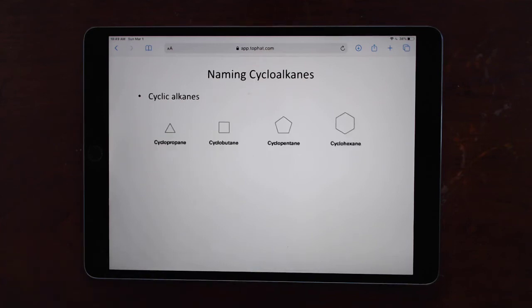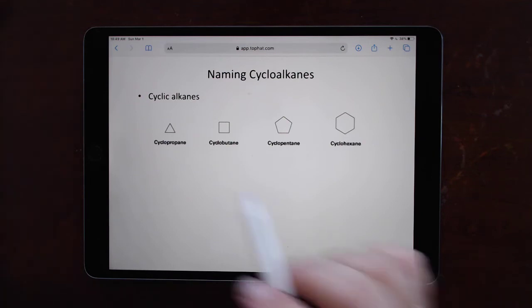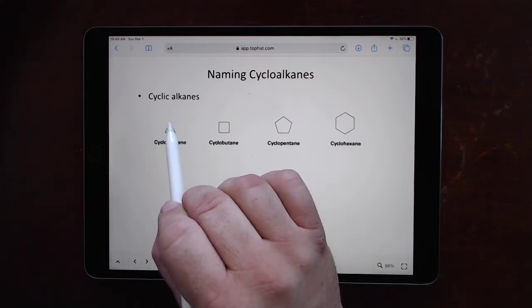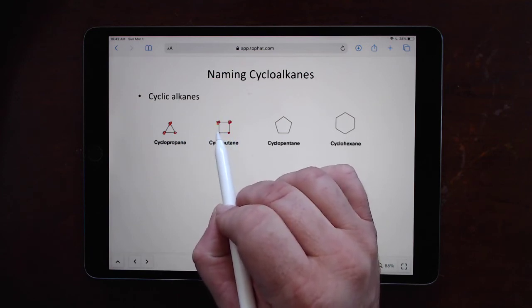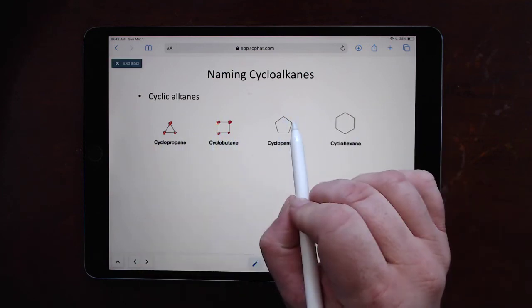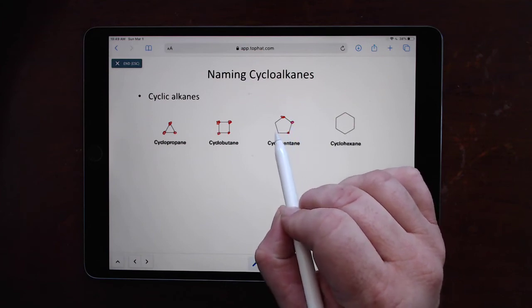Okay, so main chains. They don't always have to be linear. They can go around in a circle, or we usually call it a ring. So it can be anywhere from 3 on up. So your carbons are going to be here.